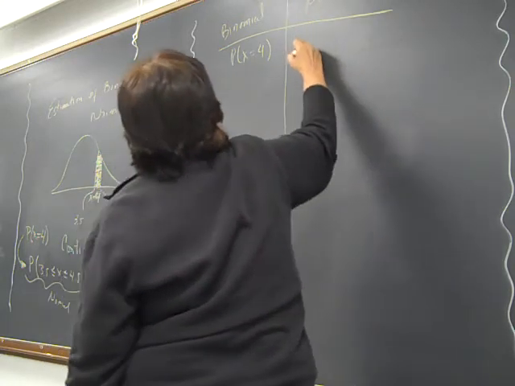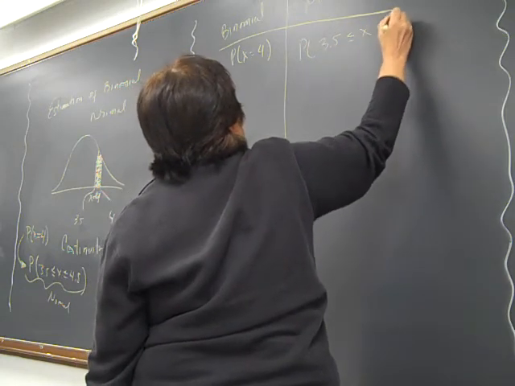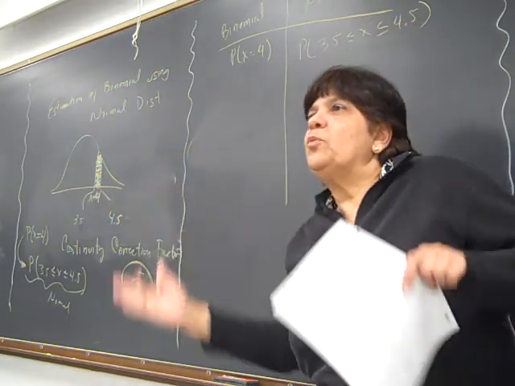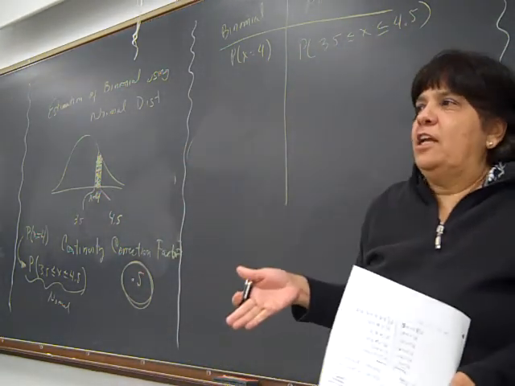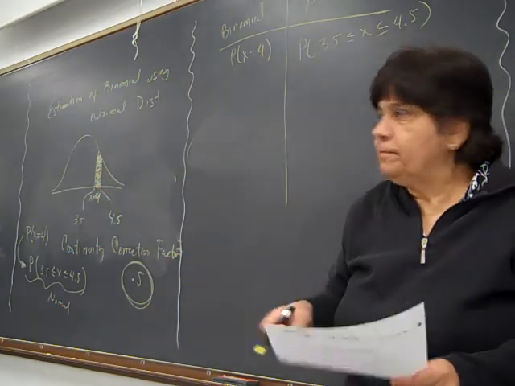I have to find out the probability that 3.5 is less than or equal to x, less than or equal to 4.5. You see? Because we have to use this continuity correction factor that is plus or minus 0.5.